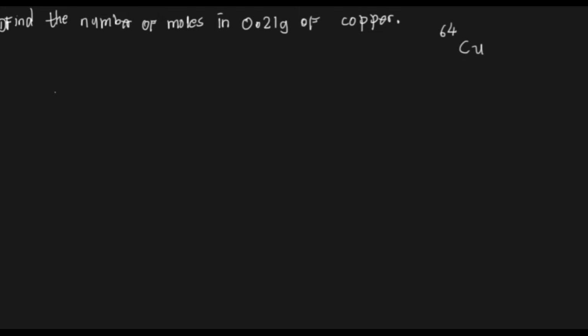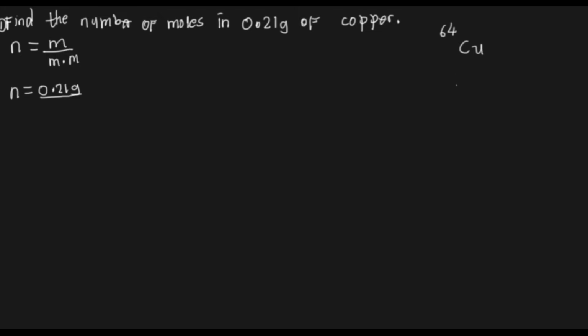Here the formula is number of moles is equal to mass divided by molar mass. So we are going to look at the molar mass for copper. Number of moles is equal to the mass given, 0.21 grams, divided by its molar mass.